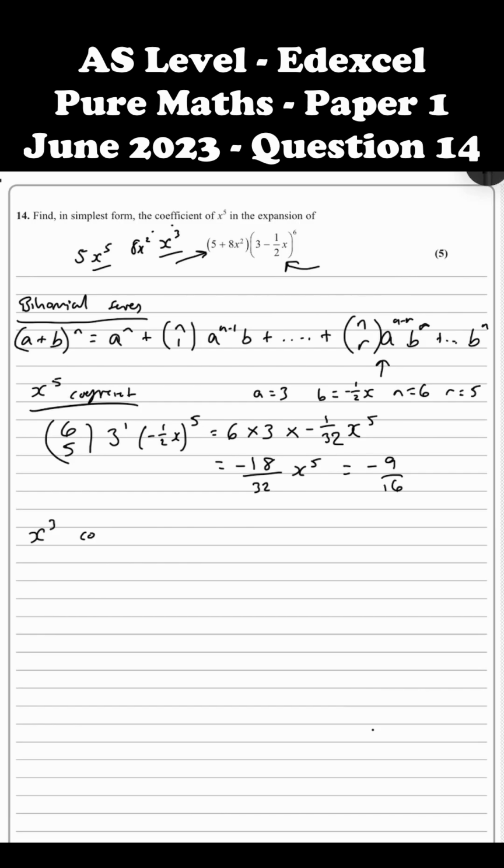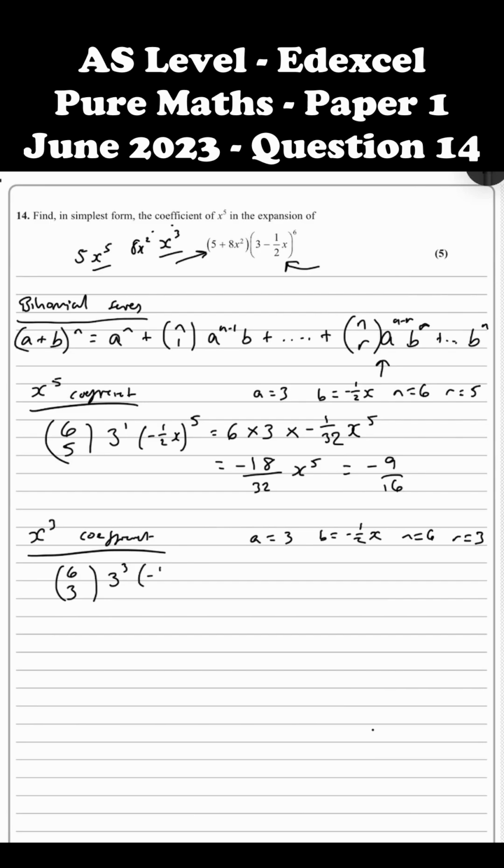Then we'll consider the x cubed coefficient of the binomial. So now we still have a equals 3, b equals minus a half x, n still equals 6, r now equals 3. So we're going to now do 6 choose 3. Then we have 3 to the power 3.